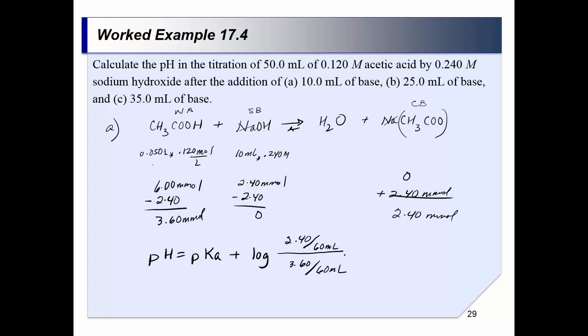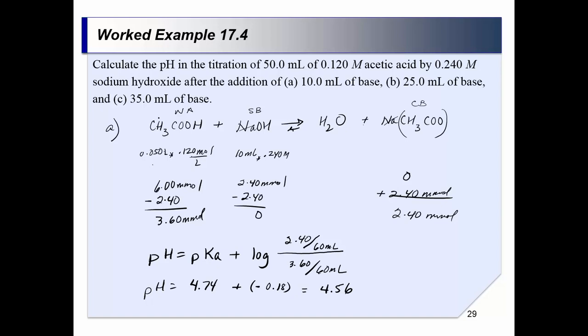Now your book doesn't do that because those factors do cancel out. However, just to be consistent, I'm going to do it this way to try to get you used to the idea of keeping the total volume in mind. So I get that that particular part is equal to negative 0.18. The pKa of acetic acid is 4.74. Therefore, the pH at this point is equal to 4.56.